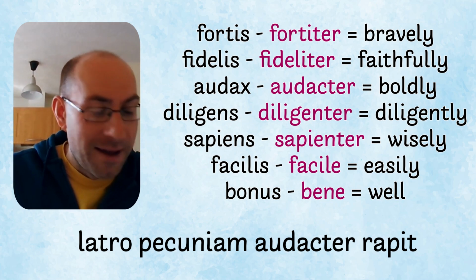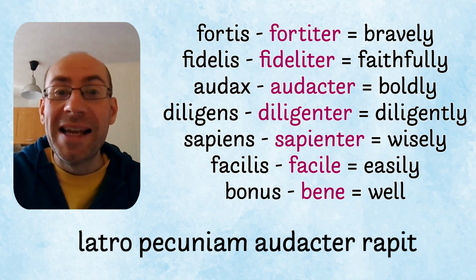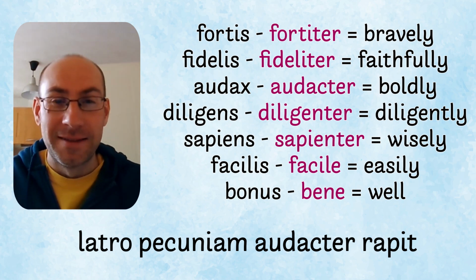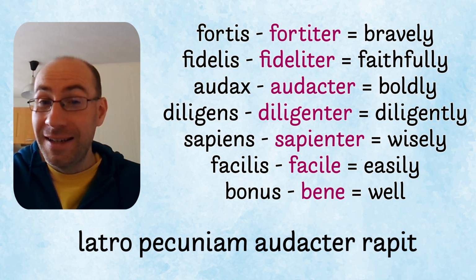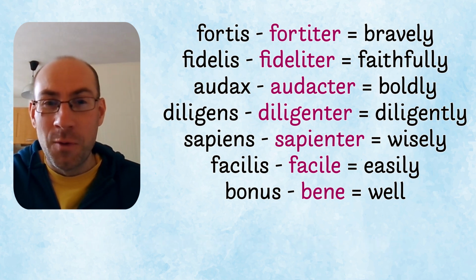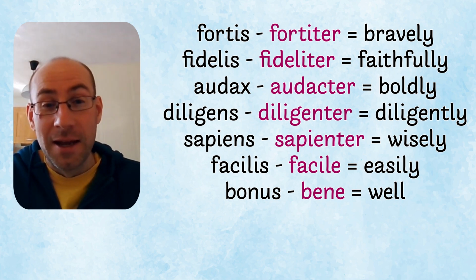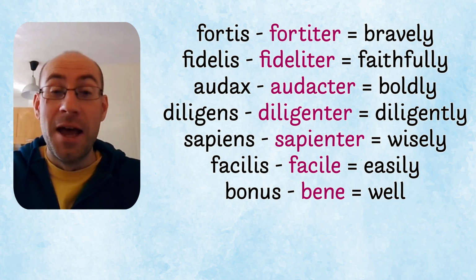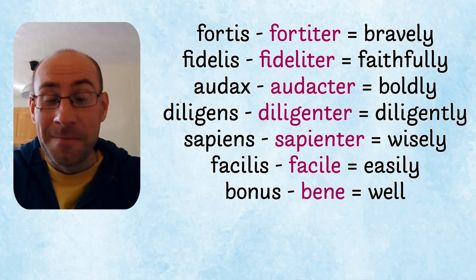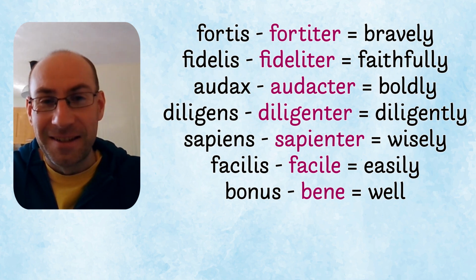Next one. The matron wisely hides the money. She's smart. All right. The verb to hide. Remember that one? Ooh, that's back from Unit 1. Conceal. Celare. Celo, celas, celat. Matrona celat. The matron wisely hides the money.